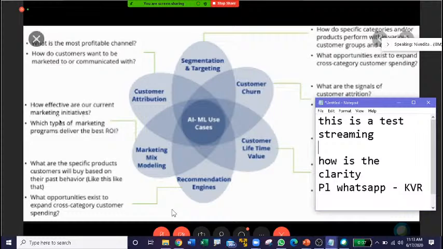Okay, which type of marketing programs? All these things which you see here hold in line with customer churn also. So you can say which type of customers are churning. We had the data, right?